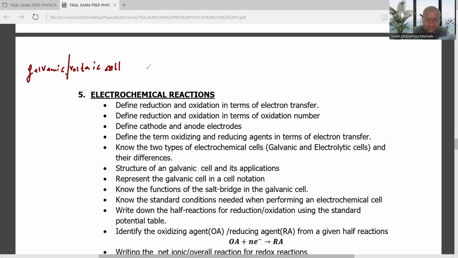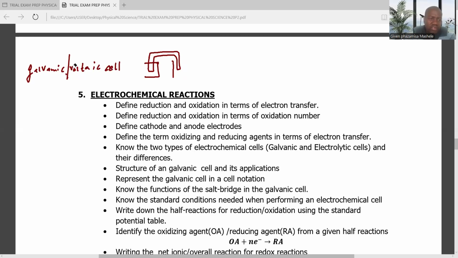In a galvanic cell, we usually use 2 cells, where between these 2 cells there's an inverted U-shaped tube, which is called a salt bridge. I apologize. Okay, let me try to increase the volume of this speaker of mine.